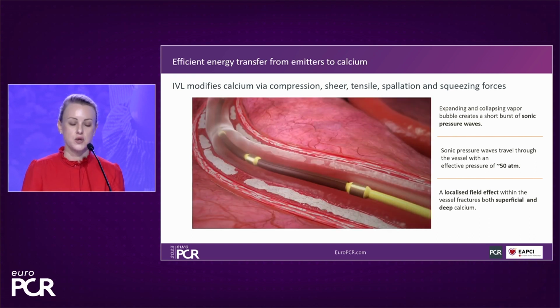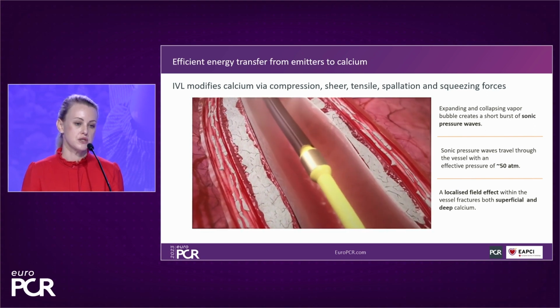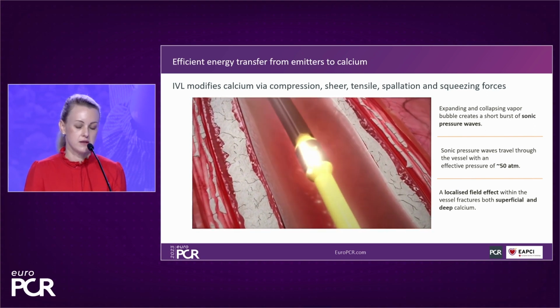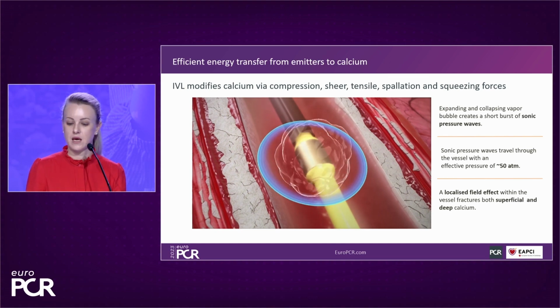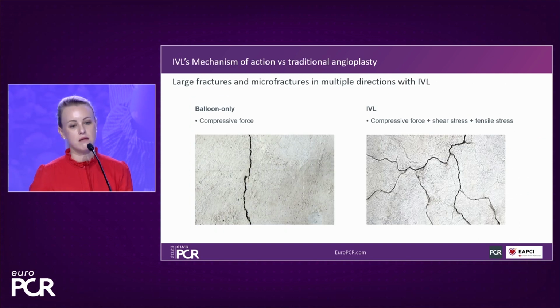There's also a squeezing effect due to the different speeds of the shockwave through the calcific tissue compared to the surrounding tissue. Through these multiple mechanisms, it causes fractures in multiple directions, both large fractures and microfractures, as opposed to, say, a non-compliant balloon that might cause simply radial fractures.